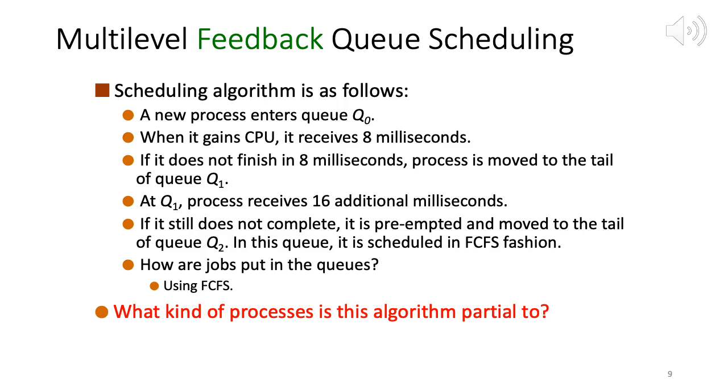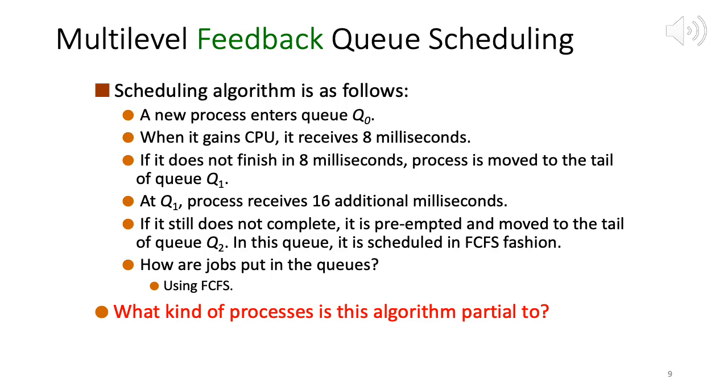So if the process does not finish in 8 milliseconds, it is moved to the back of Q1. There again it has to wait its turn, and when its turn comes, it receives 16 additional milliseconds. If its remaining execution time was less than or equal to 16 after it executed in Q0, which means the total cost was less than or equal to 24, then in Q1 it will finish execution.